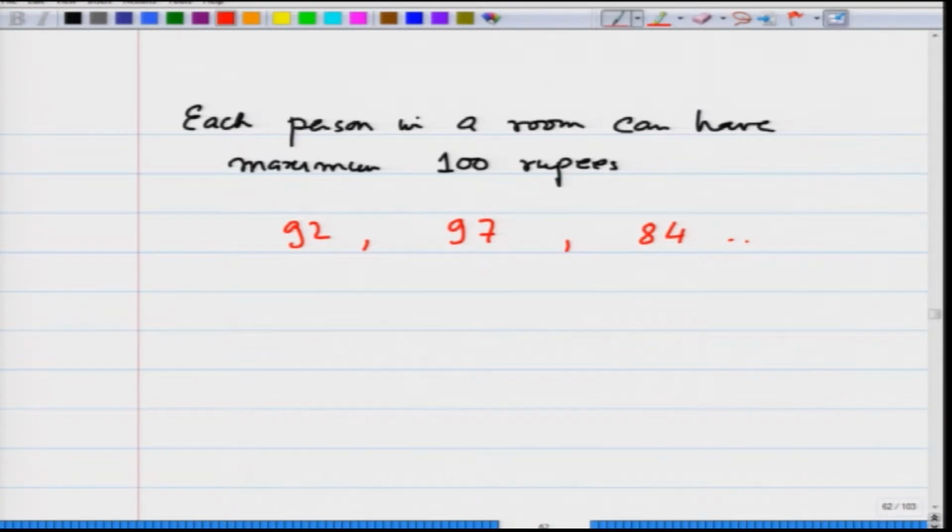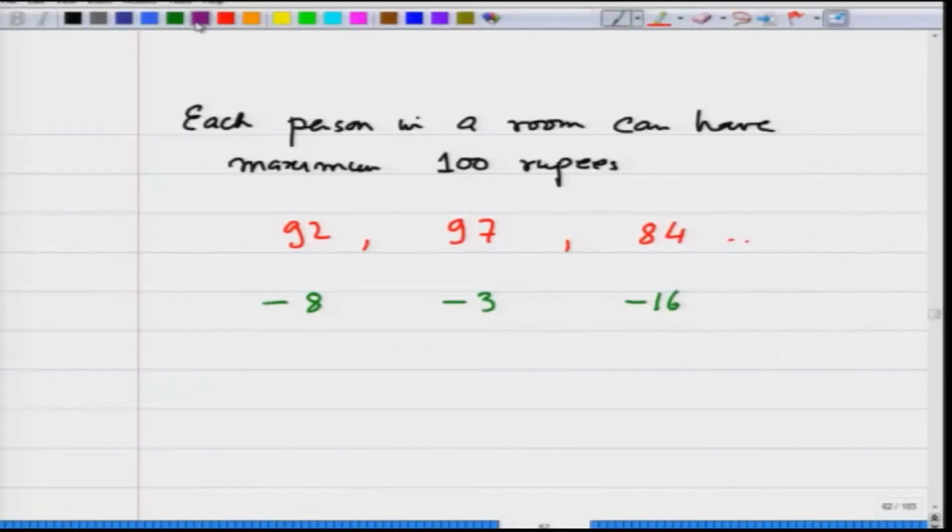Instead of that, I could say minus 8, minus 3, minus 16, and so on. That would imply exactly the same thing, that I have 8 less than 100, 92, 3 less than 100, 97, 16 less than 100, 84. So, I could do all my calculations based on these negative numbers, the deficit of the rupees from 100.